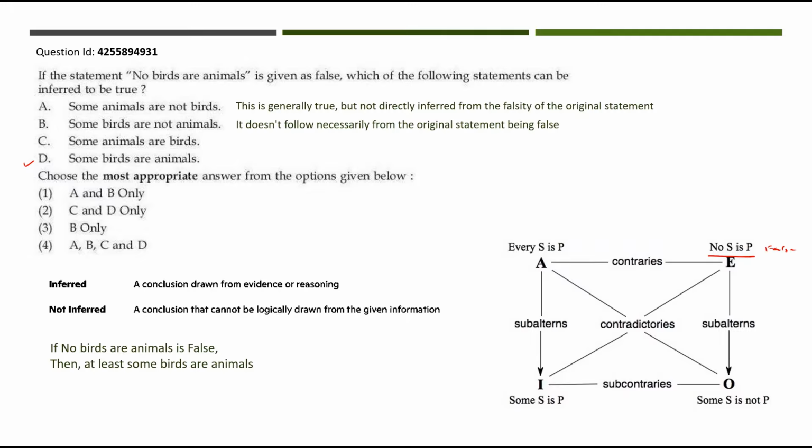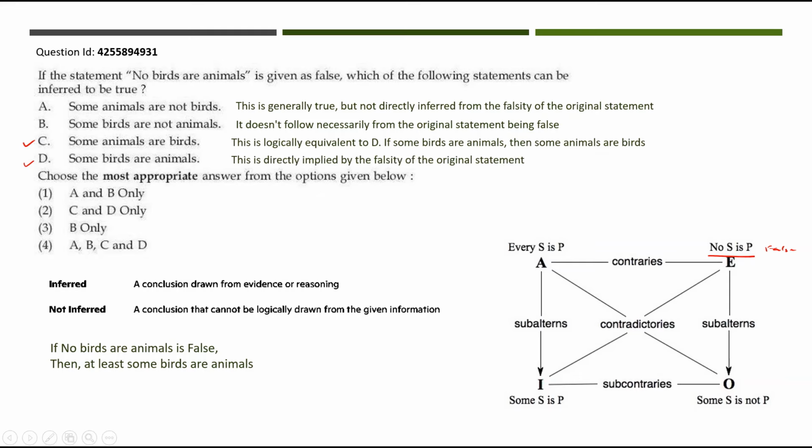What about some animals are birds? This statement is quite logically equivalent to D and we know D is already the answer. This is logically equivalent to D. If some birds are animals, then some animals are also birds here. In that we can even choose C. What about D?